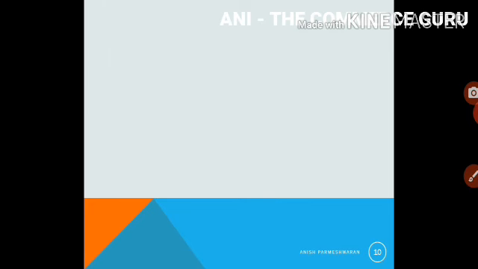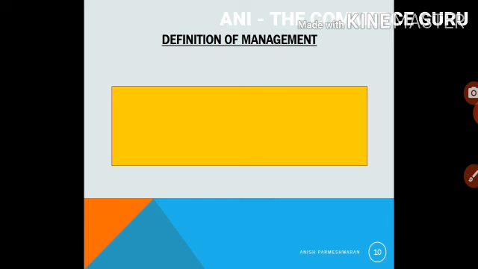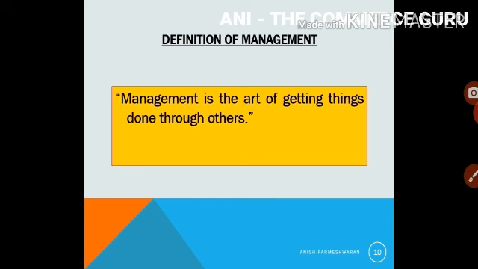Once again, let's see the definition of management given by Mary Parker Follett. Management is the art of getting things done through others. So dear children, you are learning the beautiful art of management.